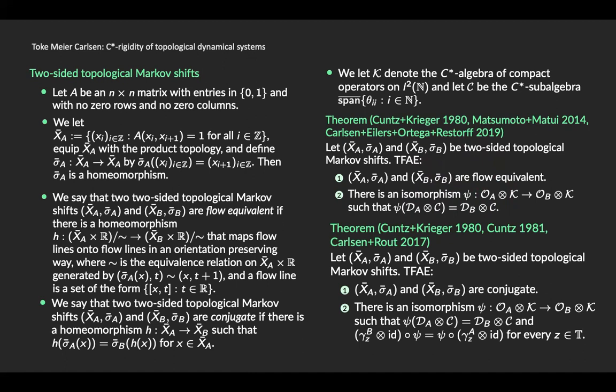So this would mean that preserving the sign of the determinant is equivalent to asking that the diagonal goes to the diagonal. And that's at least to me surprising, and I don't know how to prove it directly, but you can prove it using groupoids, and that's actually what Matsumoto and Matui did.